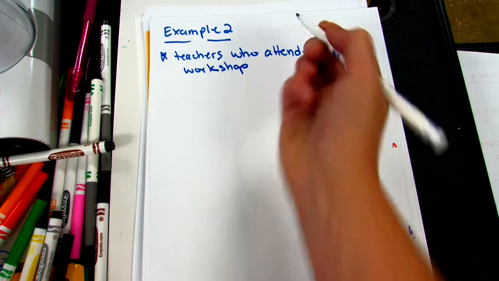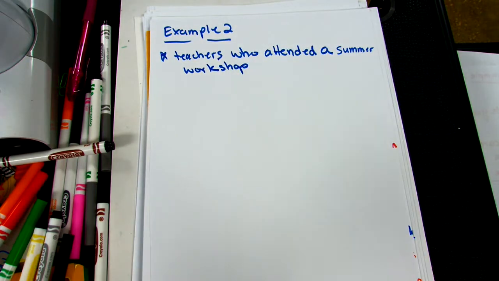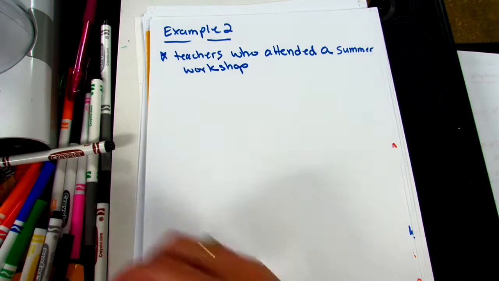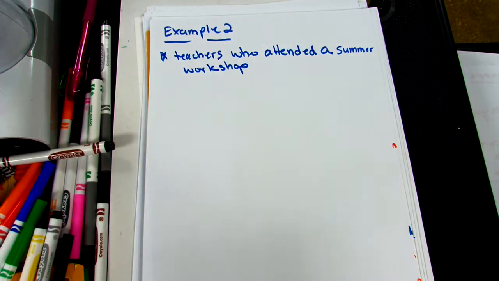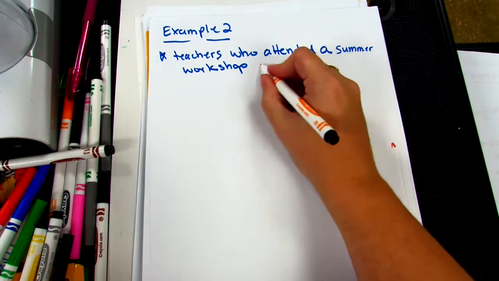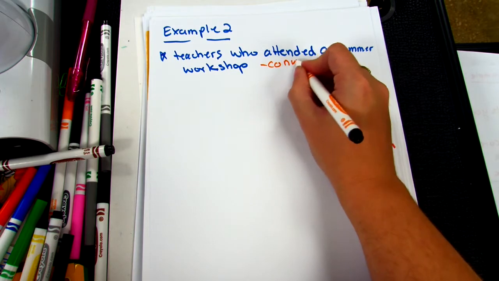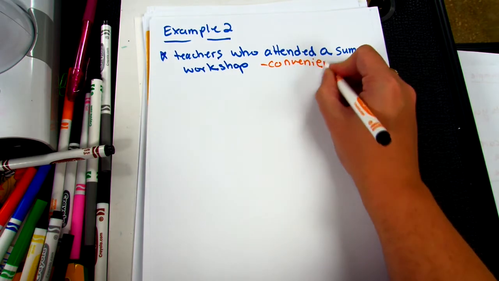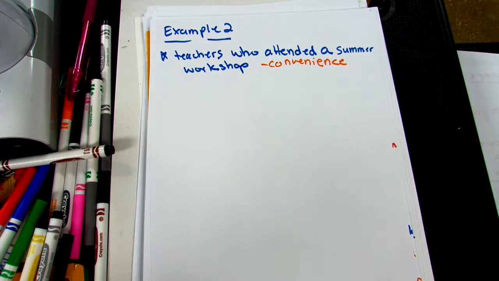Would we say that is random, systematic, convenience, or cluster? Okay, well, since we are going to give that questionnaire at the workshop and they're already there, we would say that's convenience, right? They're already at the workshop. They're going to go ahead and fill it out right there.